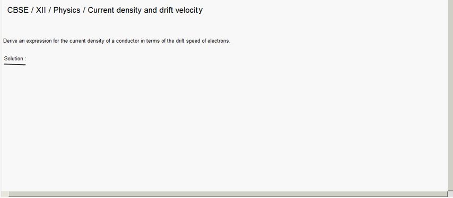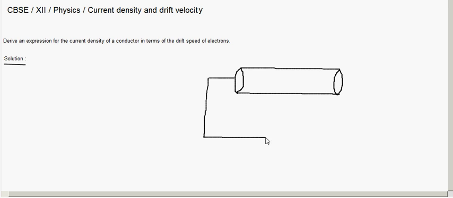Now for this we will consider a conductor of length L, and we apply an electric field E by connecting this conductor to a battery.